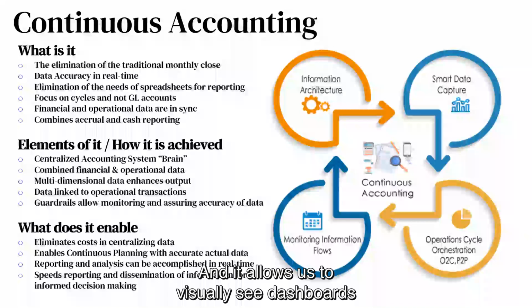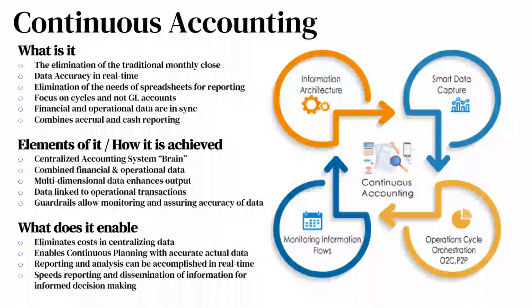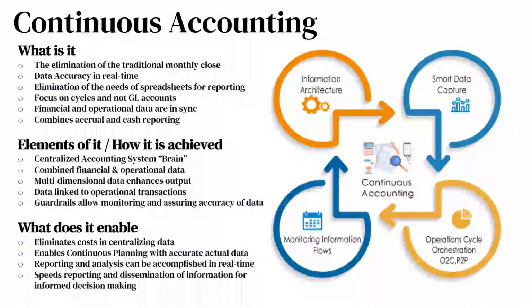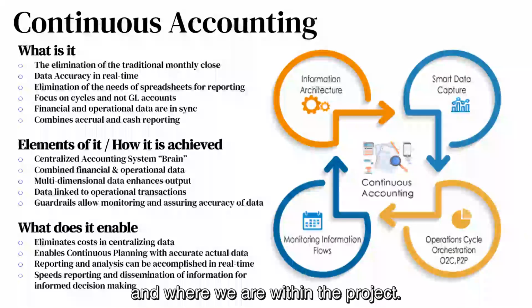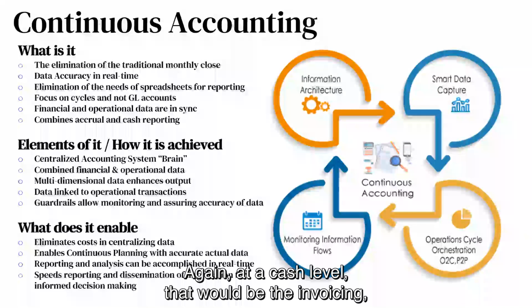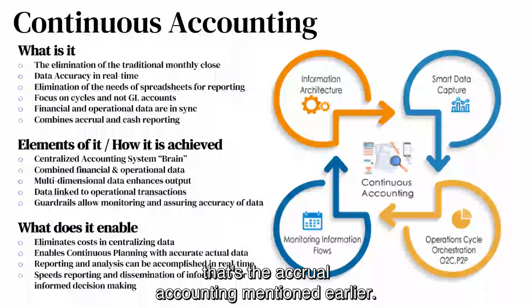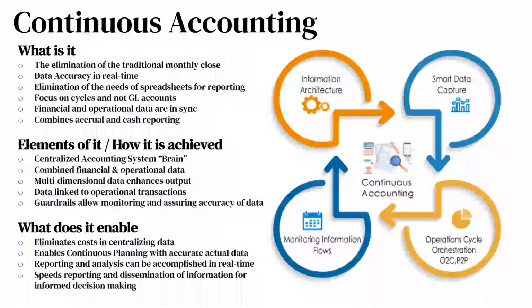And it allows us to visually see dashboards and monitor in real time where we are pacing and where we are within the project. Again, at a cash level, that would be the invoicing. And then on a revenue level, that's the accrual accounting mentioned earlier.